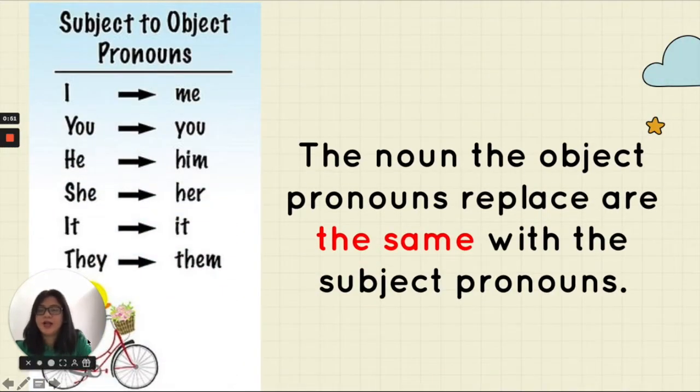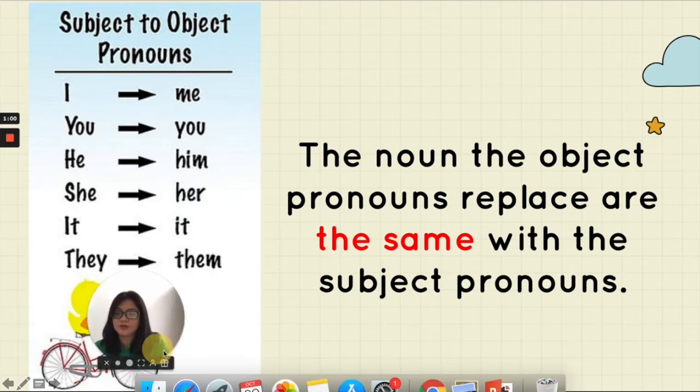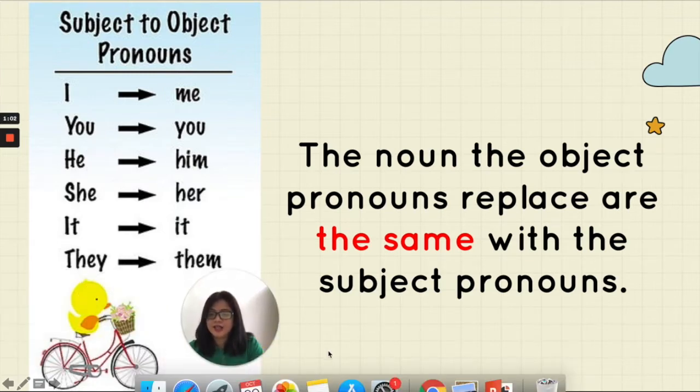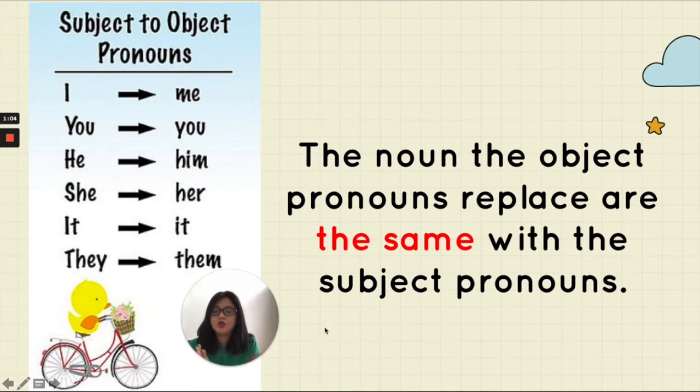Here I have a picture of subject to object pronouns. The nouns the object pronouns replace are the same as with the subject pronouns. Most of the time, they are the same, but you use a different word for it because it now has a different function in the sentence. It is not the subject of the sentence anymore. It's the receiver of the action.